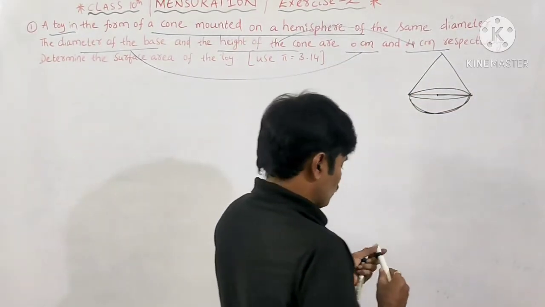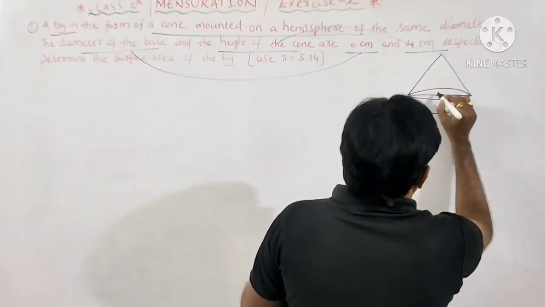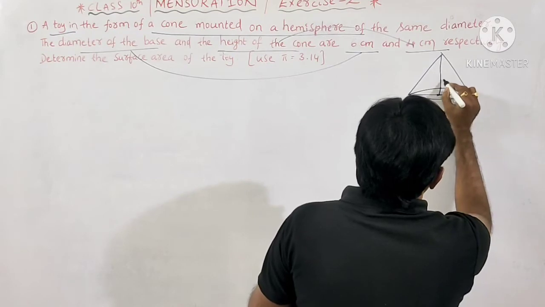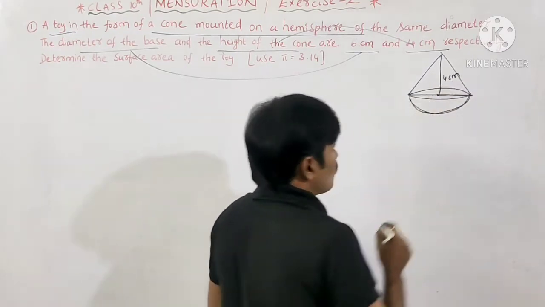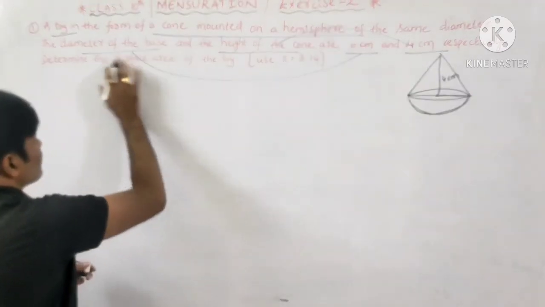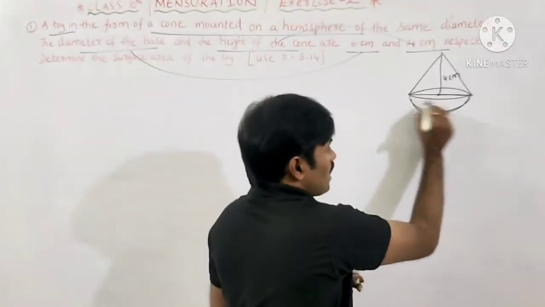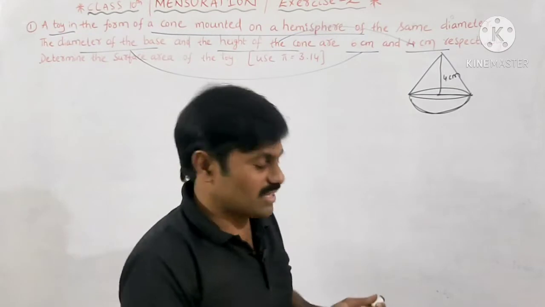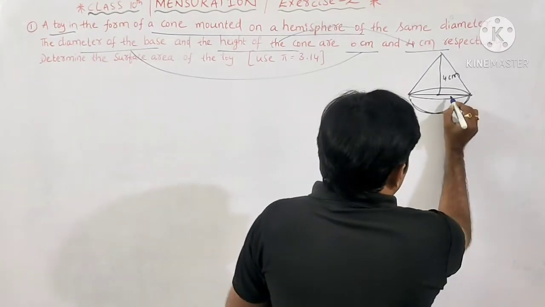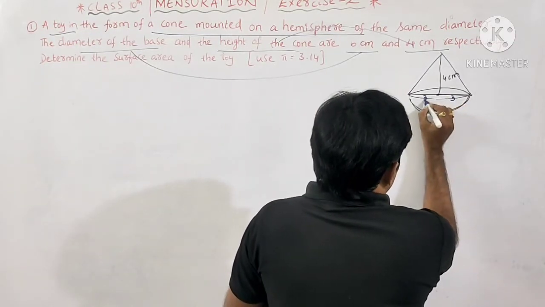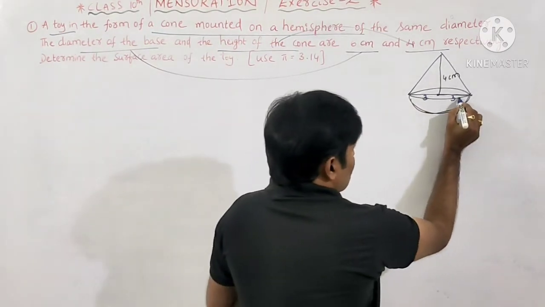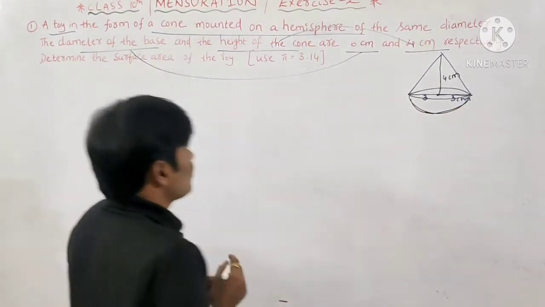This is the height of the cone. Diameter 6 centimeters means the radius is diameter by 2, so it is 3 centimeters. Total 6 centimeters.